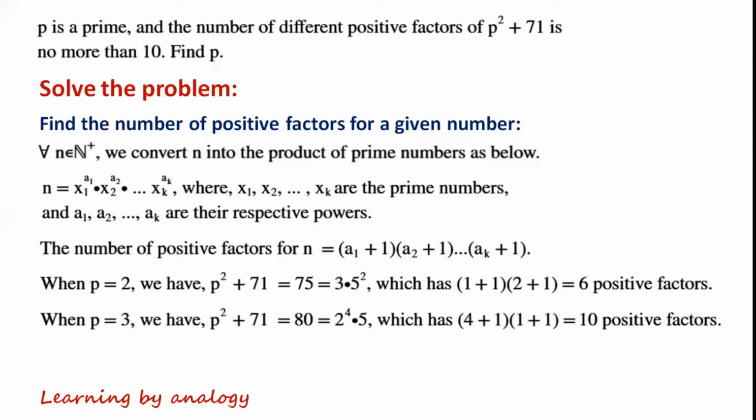When p equals 3, we have p squared plus 71 equals 80 equals 2 to the power of 4 times 5, which has 4 plus 1 times 1 plus 1 equals 10 positive factors.